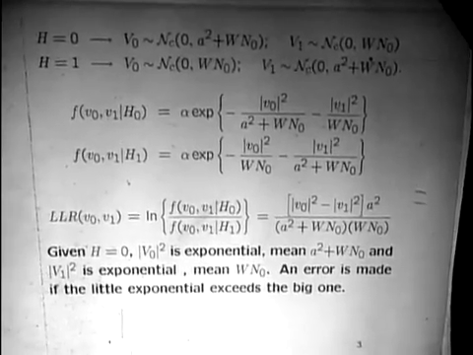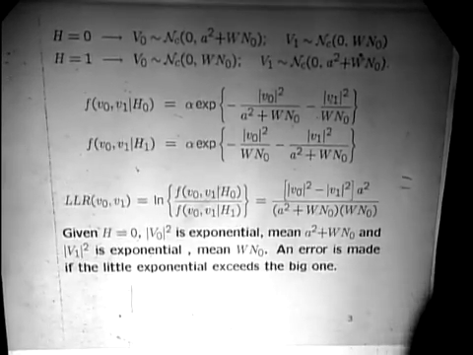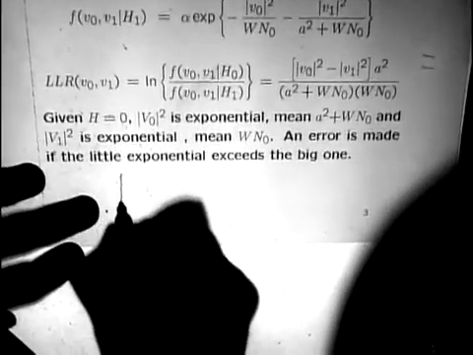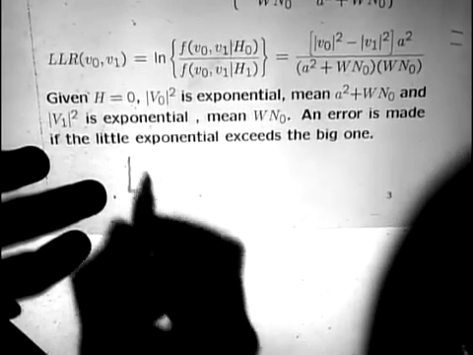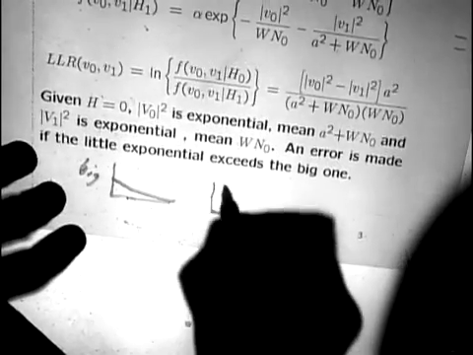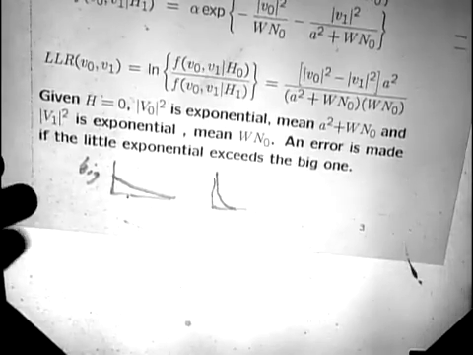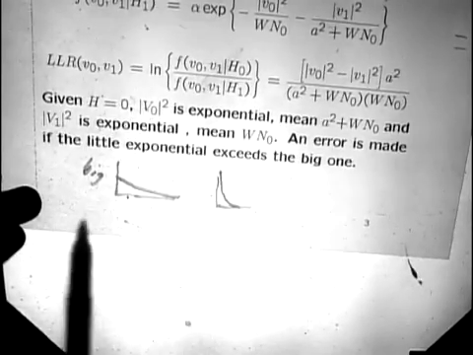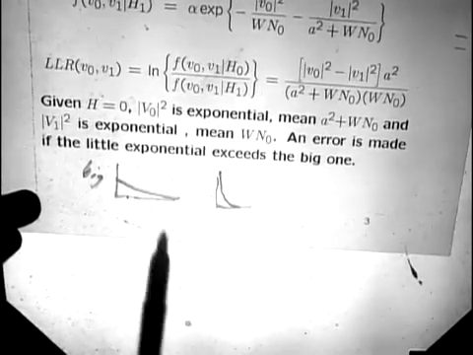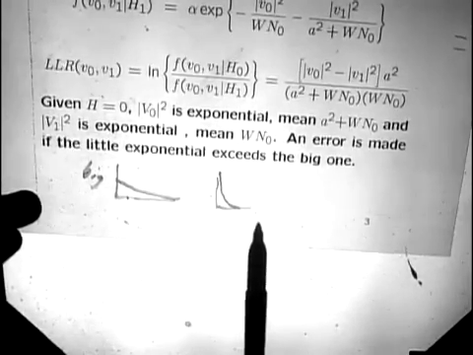The big one has a probability density that looks like this. And the little one has a probability density that looks like this. And what you want to do is to subtract a random variable with this density from a random variable with this density.